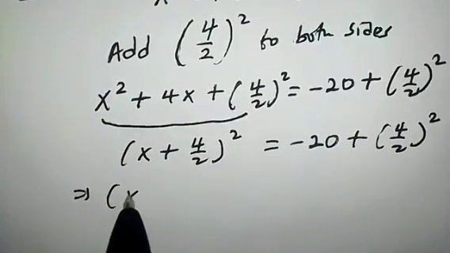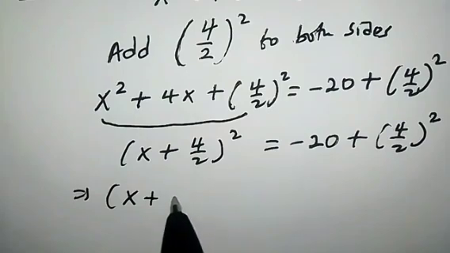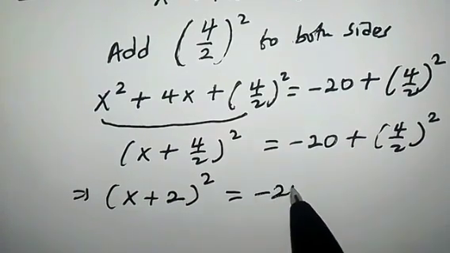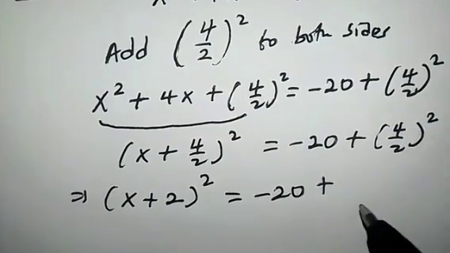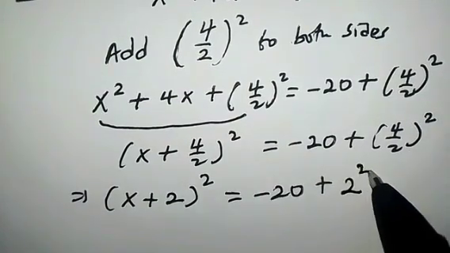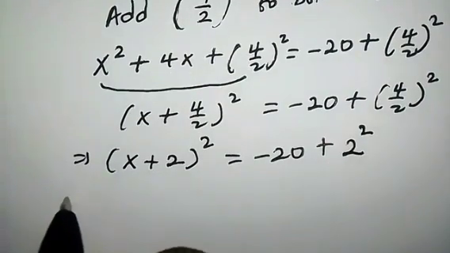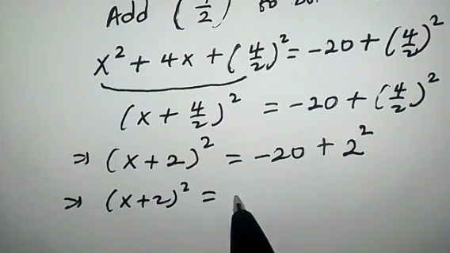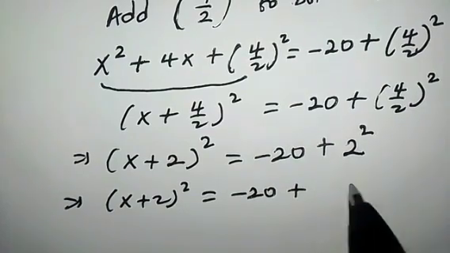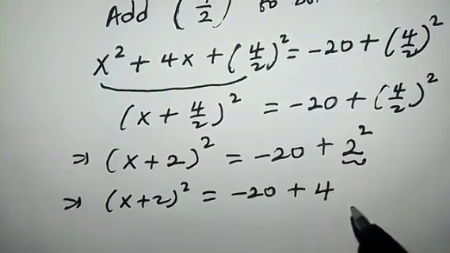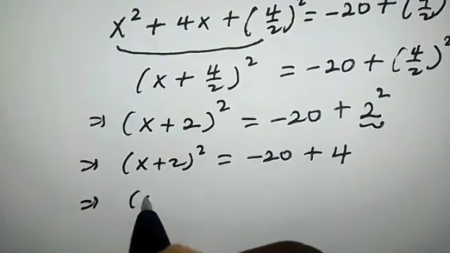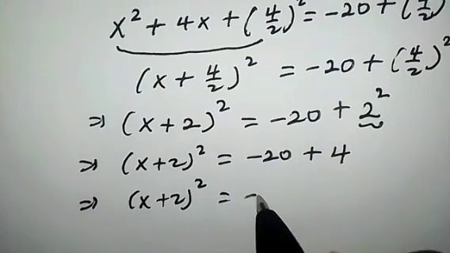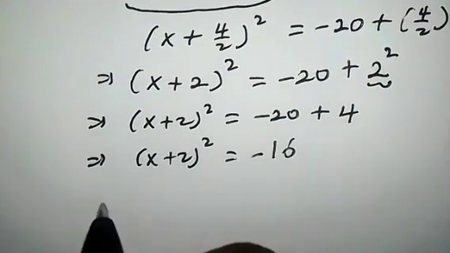This means that x plus 4 divided by 2, that is 2, all squared equal to minus 20 plus 4 divided by 2, that is 2, so we have 2 squared. x plus 2 all squared equal to minus 20 plus, what is 2 squared? That is simply 4. This means that x plus 2 all squared equal to minus 20 plus 4, that is minus 16.